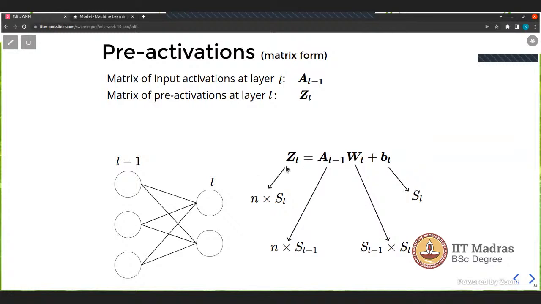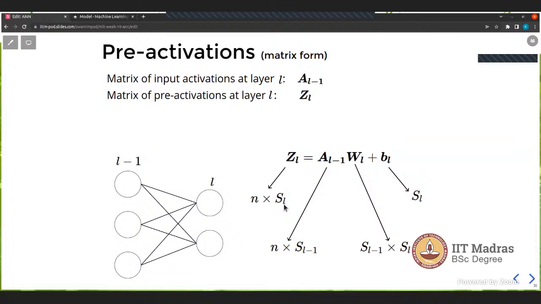In case you forget the order of multiplication, whether it should be AW or WA, one thing you can always remember is the shapes of the matrices. Your activations will always be of the form n cross number of neurons, where n is the number of training examples or the batch size.